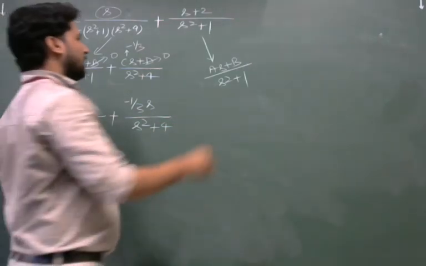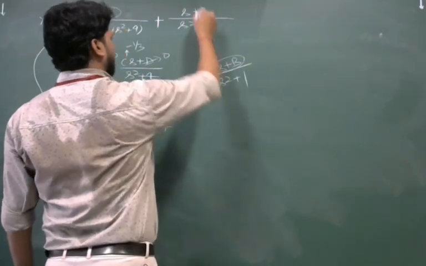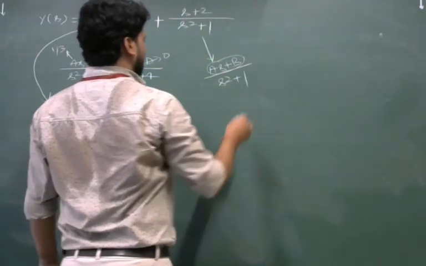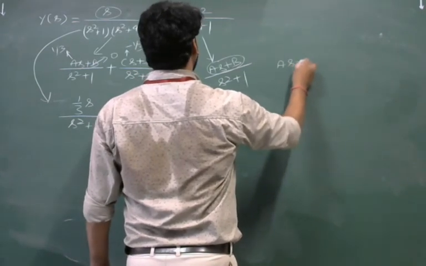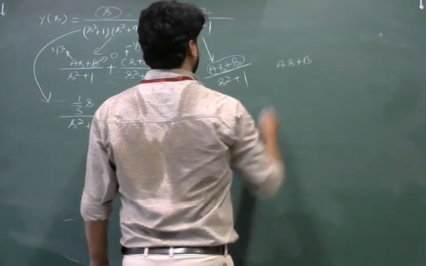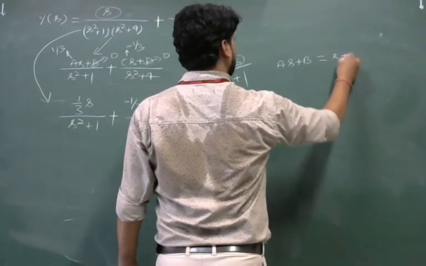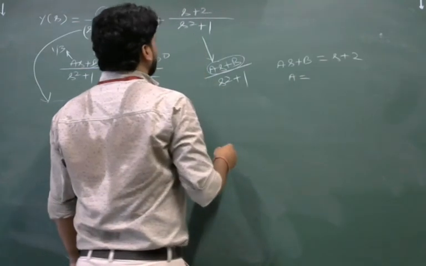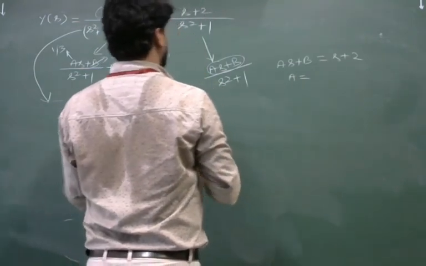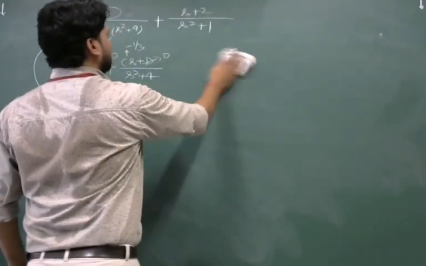And for the second term, (s plus 2) upon s square plus 1, I think there is no need to get the partial fraction of this term.